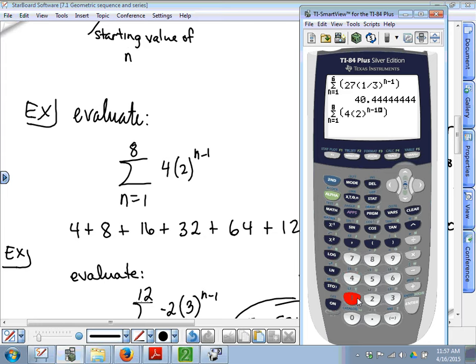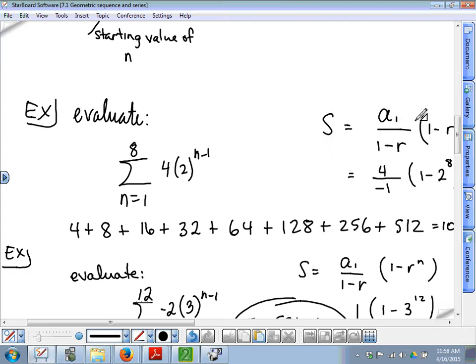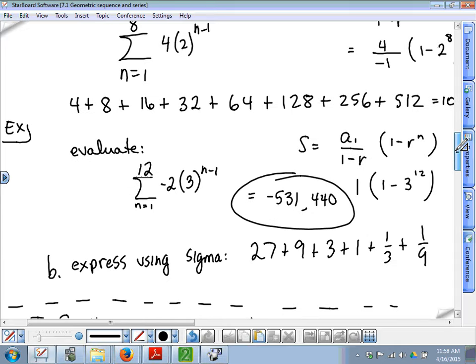We already know the sum's 1020, but the calculator will tell it to you just using the summation symbol there, 1020. So if you have this feature on the calculator, you may not have to use this formula right here, a sub 1 over 1 minus r, 1 minus r to the n. Anywho, if it's finite, if it has a beginning and an end, yep.